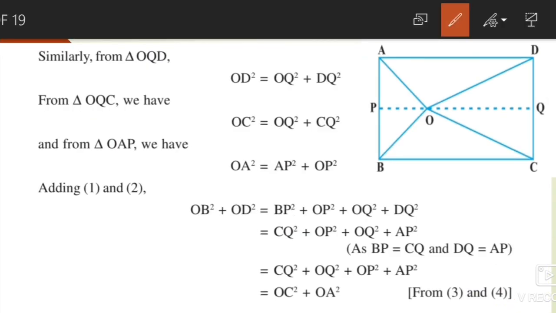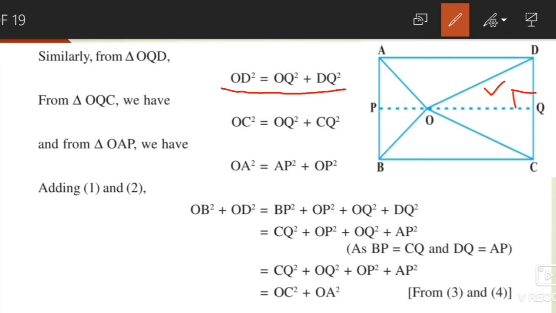Now, if you take triangle OQD, this angle is 90 degrees, so this is a right angle triangle, and by Pythagoras theorem OD square is equal to OQ square plus DQ square.